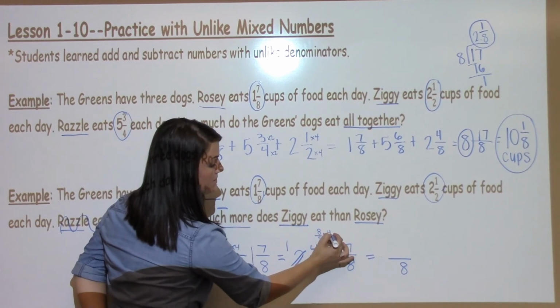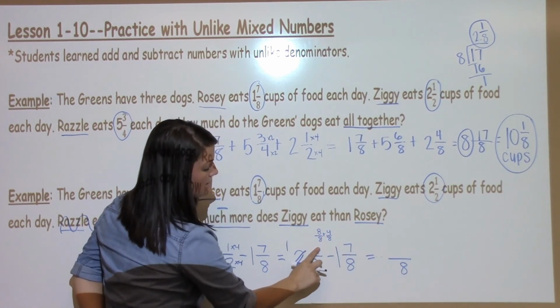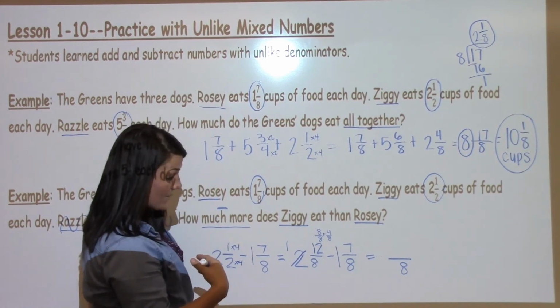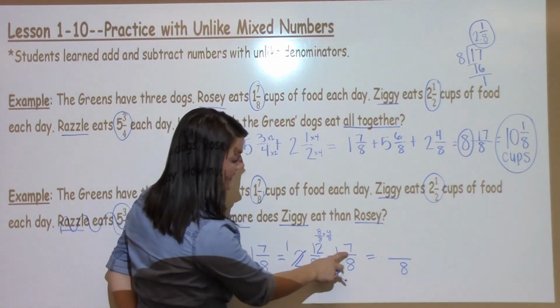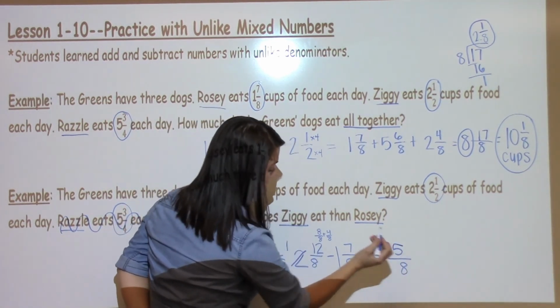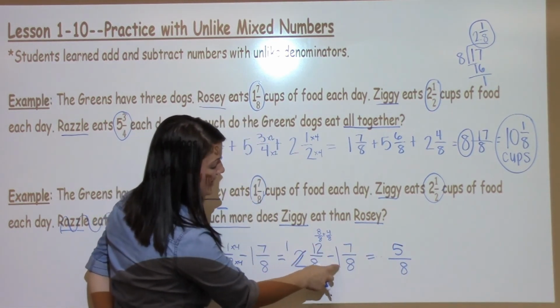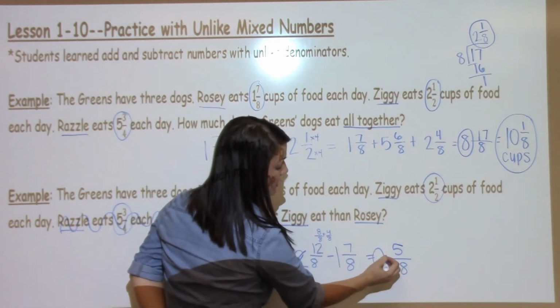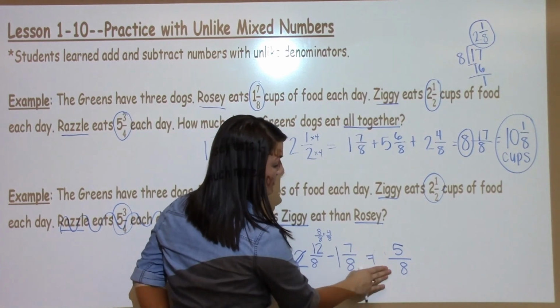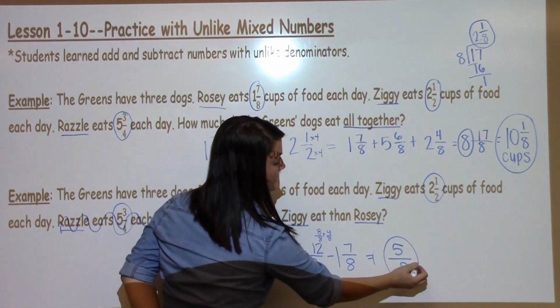So 8/8 plus 4/8 gives me a new 12/8. Now I can subtract the tops because 12 minus 7 is a problem I can do. 12 minus 7 is 5, and I just take 1 minus 1, which is 0, and I don't even have to write it. I could just leave it as 5/8 as my final answer.